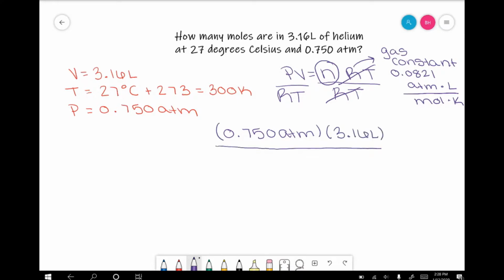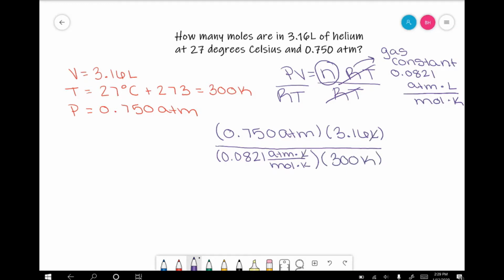We're going to divide that by R, our gas constant, so 0.0821 atmospheres times liters divided by moles times kelvins. Notice that I did put all my units on this constant because you will see that they cancel out. So it is important to actually label all of your units. And then we have 300 kelvins.